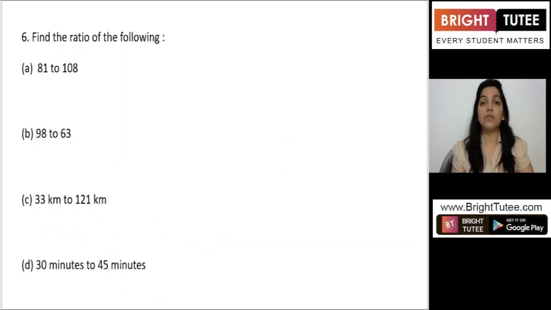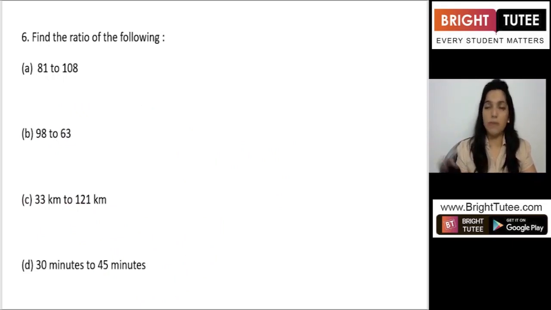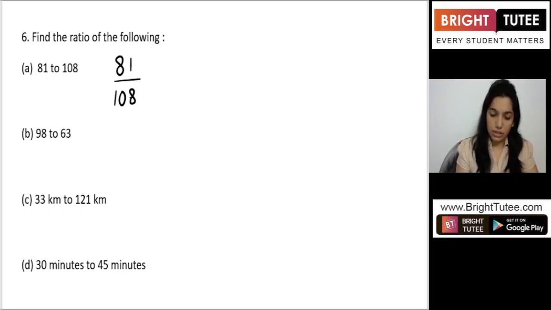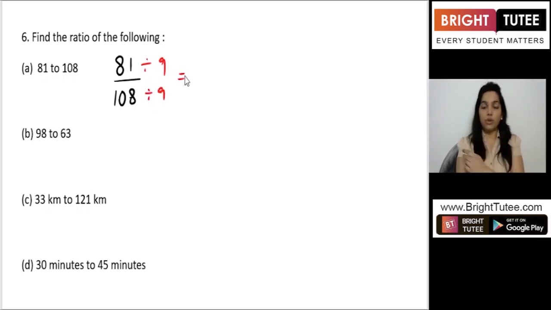It says find the ratio of the following. So we need to simply find the ratios of these numbers. So the first one is 81 over 108. So I think clearly we can divide both these numbers by 9. So let us divide the numbers by 9. What you do with the numerator, do the same with the denominator.